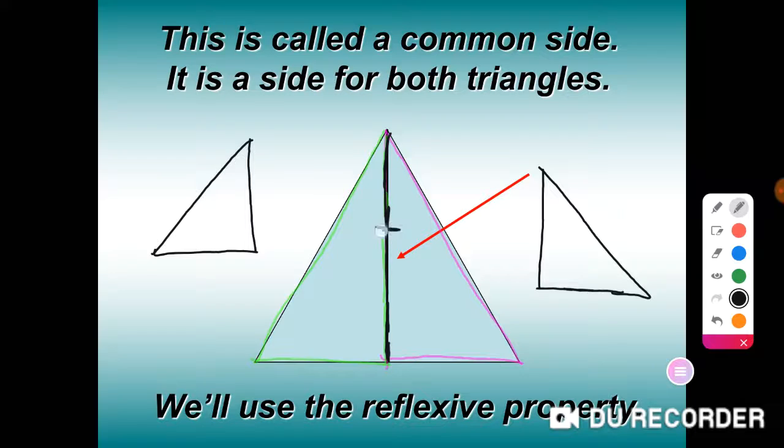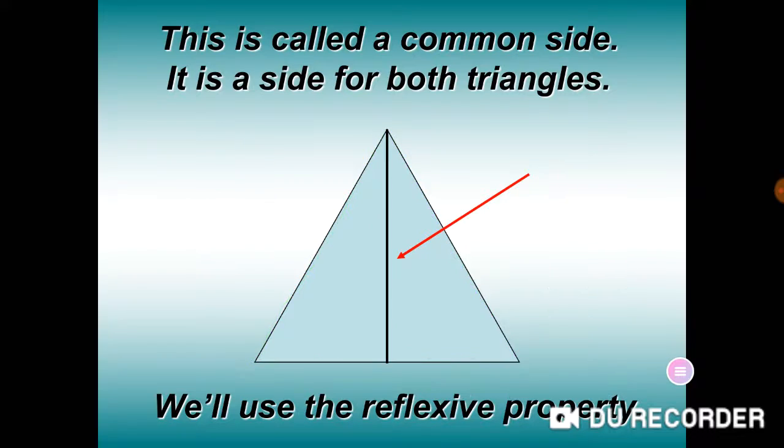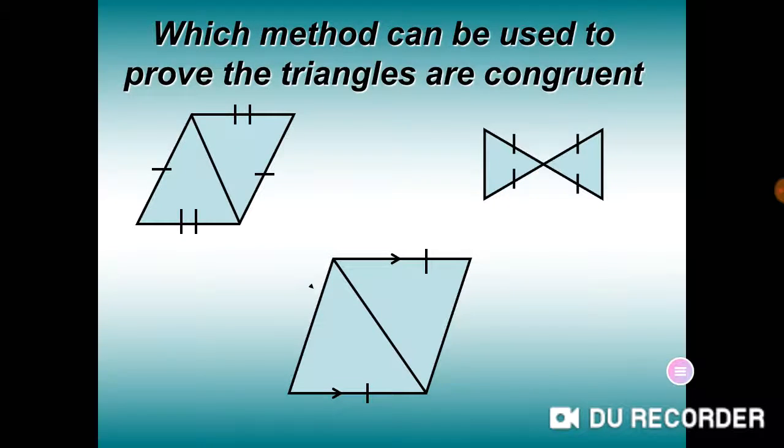As you see, this side is a common side between these two triangles, and this is the meaning of a common side. And we use the reflexive property. Reflexive property indicates that the common side is congruent to itself.